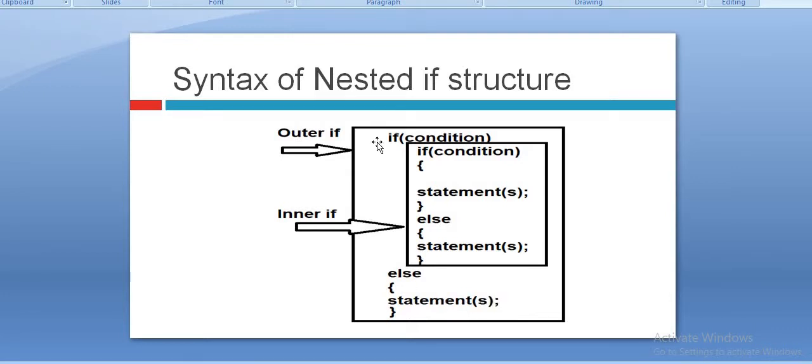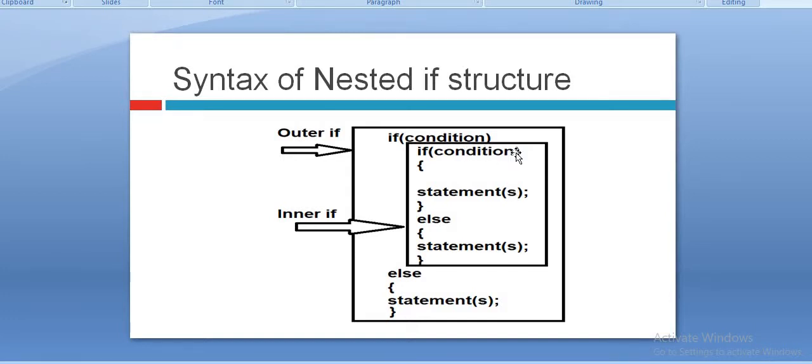For example, if this conditional expression is true, then the inner if block will be executed. Again it will check: if this condition is true, then this set of statements will be executed.